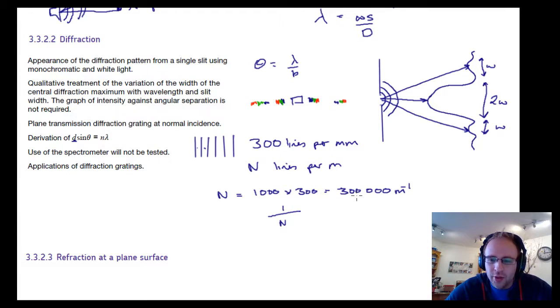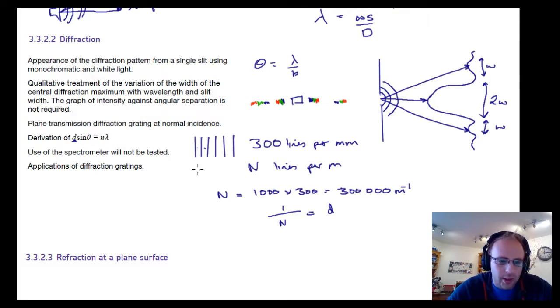So if there are 300,000 lines in every meter, what is the separation of those lines? If we take 1 meter divided by 300,000, we'd find d, which would be our slit separation. Okay, use of spectrometer will not be tested.